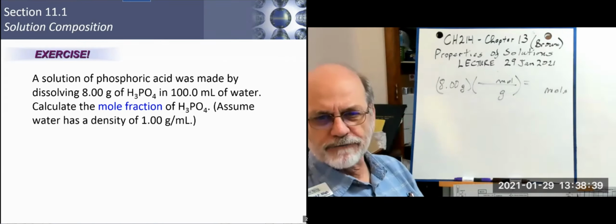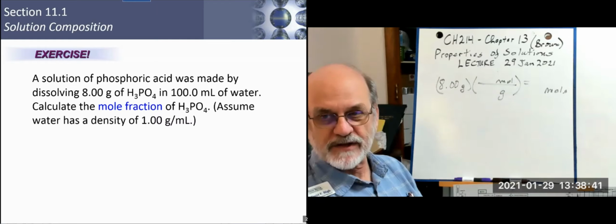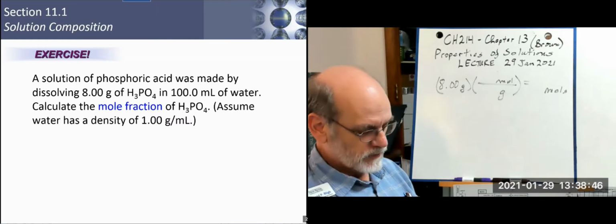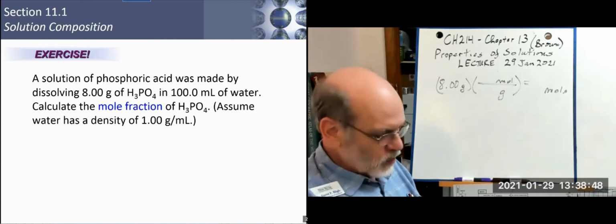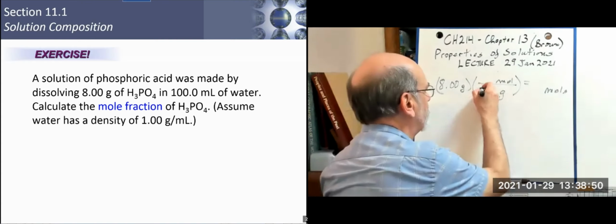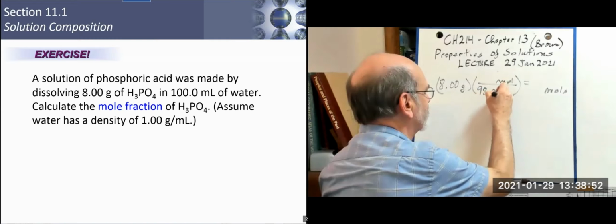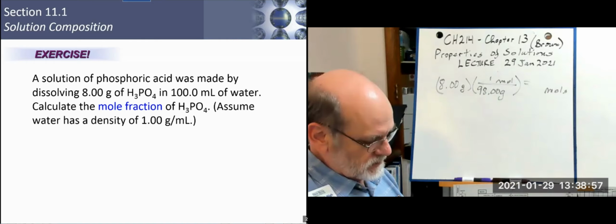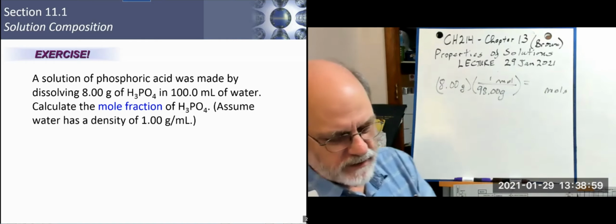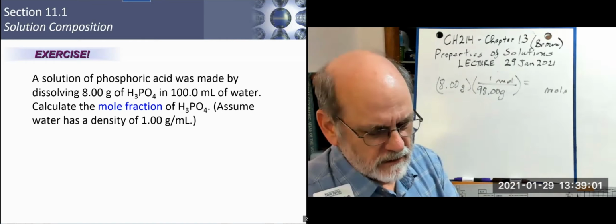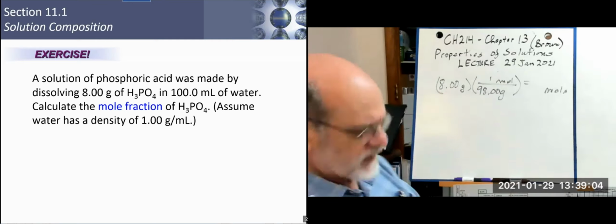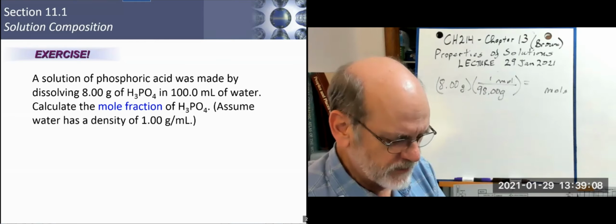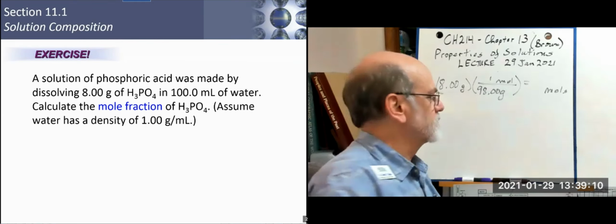And then we have 4 oxygens. 4 times 16 is 64. So that's 98.00. Okay, divide that into 8. And we get, let's see, 3 significant figures. So I can keep 2 places, 0.0816.